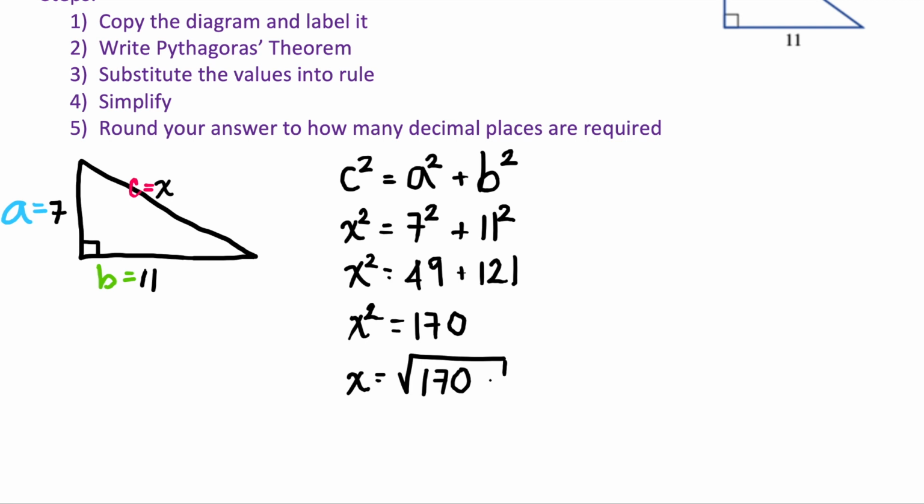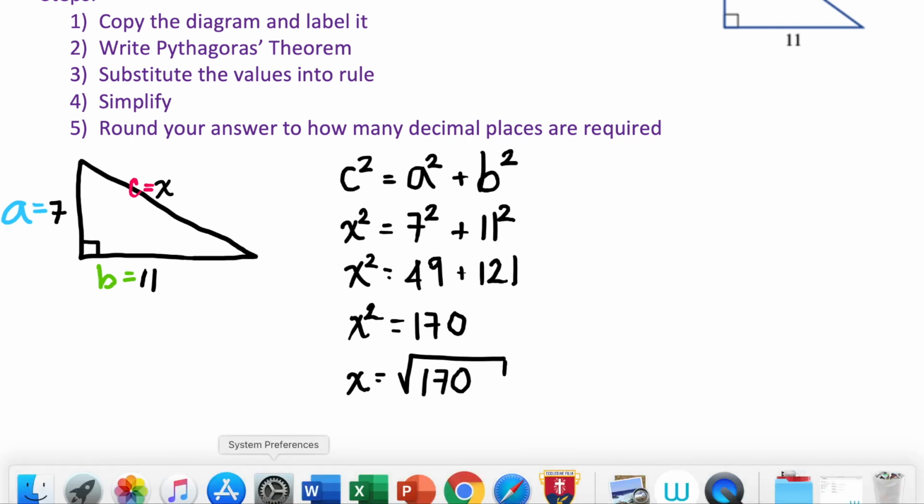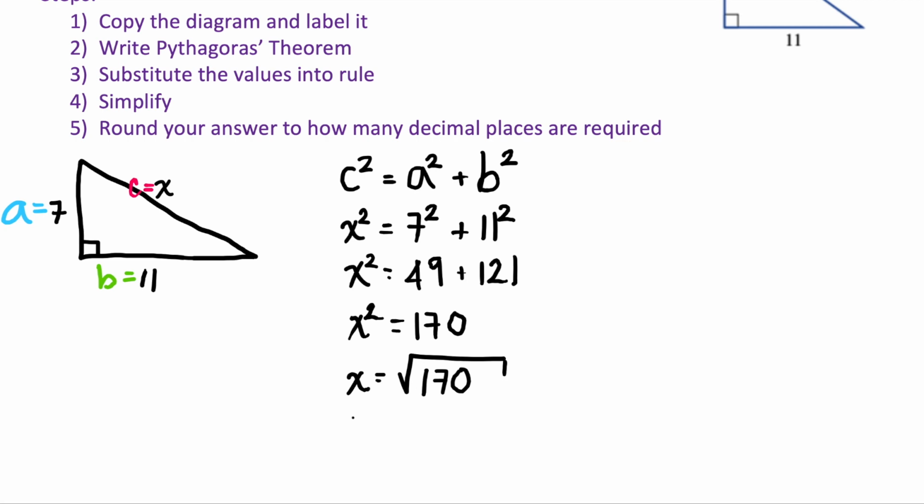So to get an approximation, we need to press Control, the blue key, and enter. Control enter, and I get that the approximation is 13.0384048 and I'm sure it will continue.